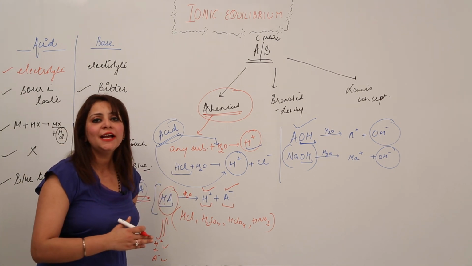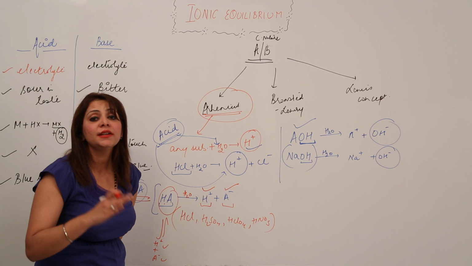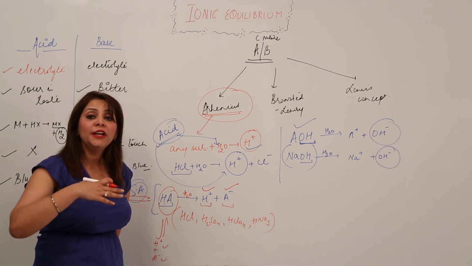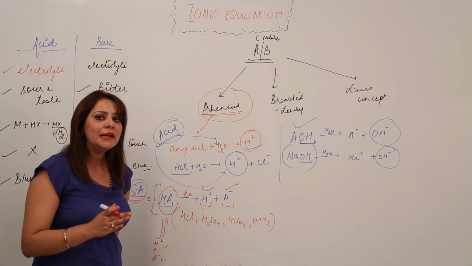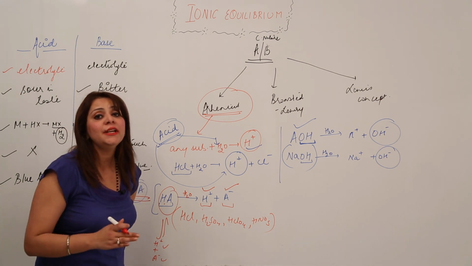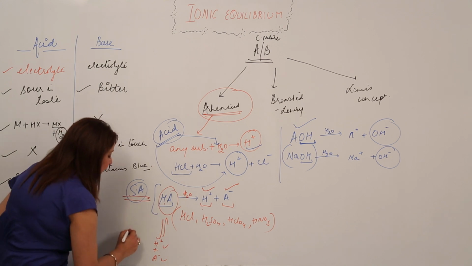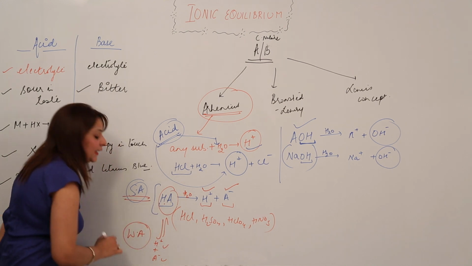That means not all the hydrogen ions present in it are given, the molecule is not completely dissociated into H ions. It is dissociated but only partially, right. So that is considered a weak acid, right.